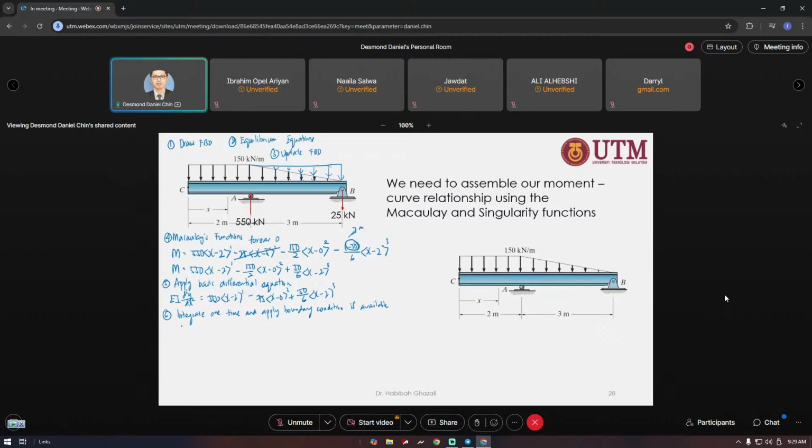So EI theta equals 550 (x minus 2) squared divided by 2, minus 75 (x minus 0) cubed divided by 3, and then plus 50 (x minus 2) power 4 divided by 6 times 4, plus C1.